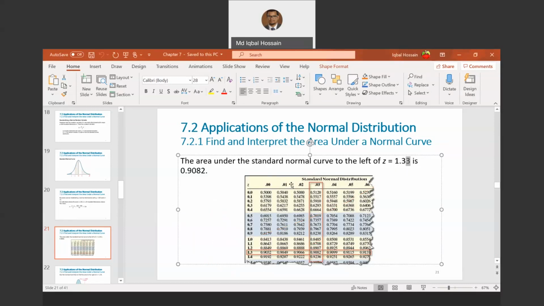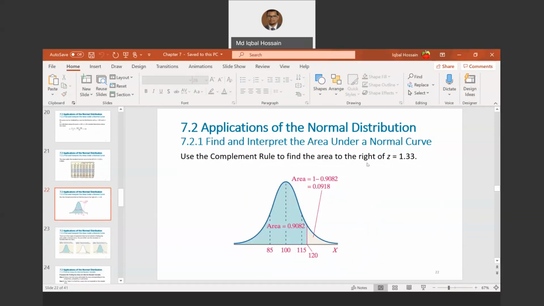Okay, so for Z 1.33, we have an area of 0.9083. Whenever we are using Z, we are finding the area from the left, starting from the left up to the point where we are finding the Z. This is our Z point.